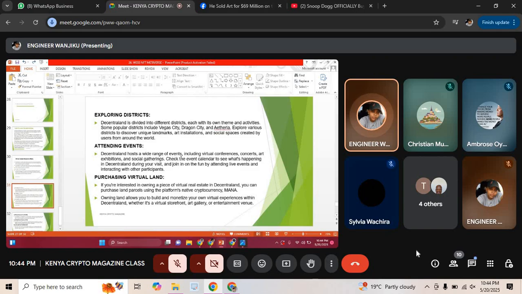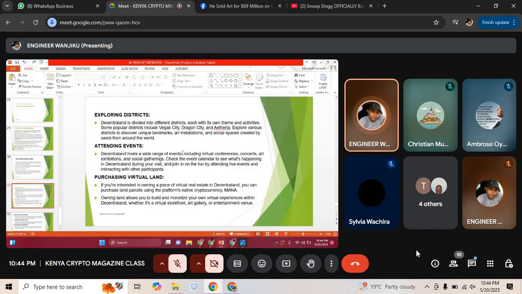Decentraland hosts a wide range of events.